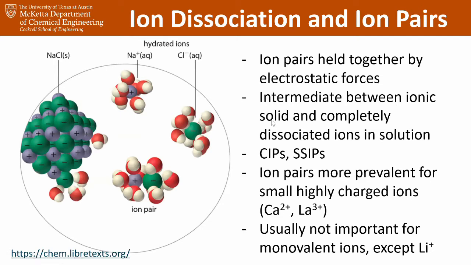And depending on what the salt is, in these systems we can have other species, for instance, contact ion pairs or solvent separated ion pairs. Ion pairing is more prevalent for highly charged ions, especially small, highly charged ions like lanthanum and calcium.